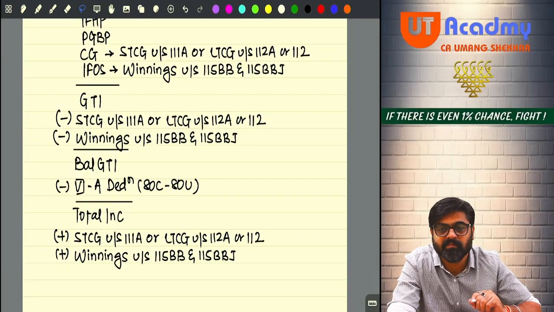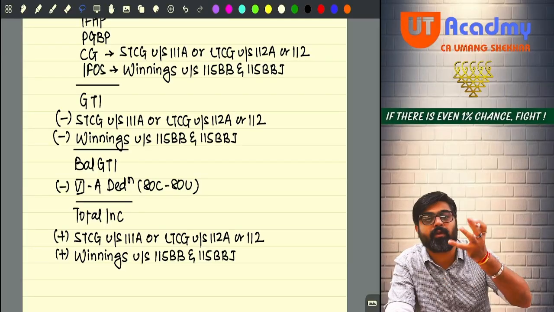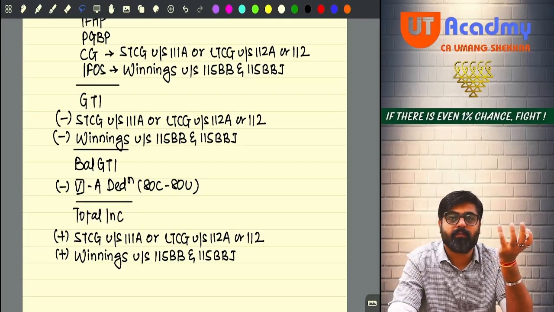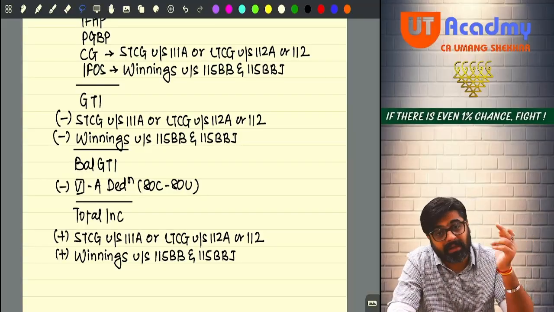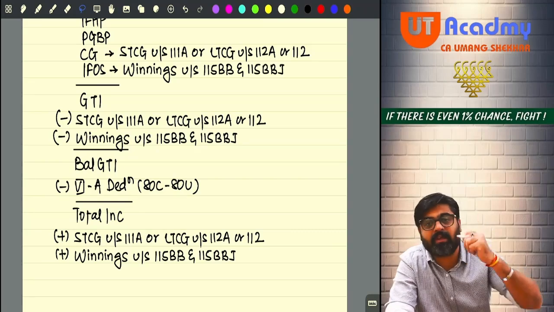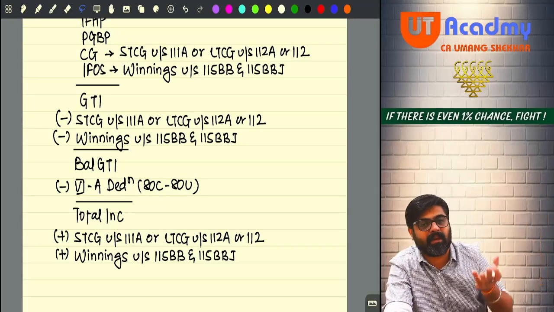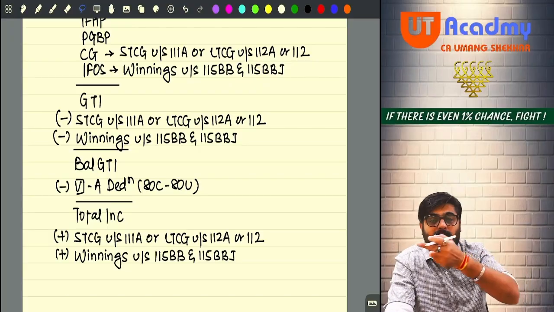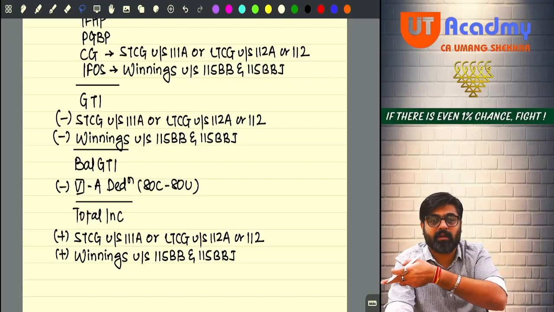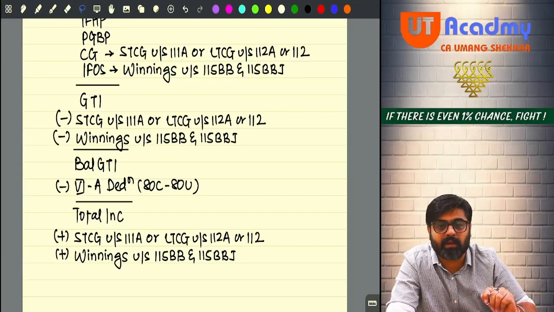So first I will have to claim Chapter 6A deduction from the balance GTI to calculate my total income. But in that total income, I will have to show these incomes, no? Without these incomes, I cannot show my total income. I cannot tell the government that my total income is only this much. Government will say, you have earned short-term gain, long-term gain, winnings also, why are you not showing that in your total income?